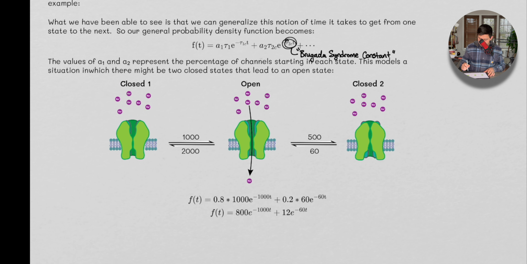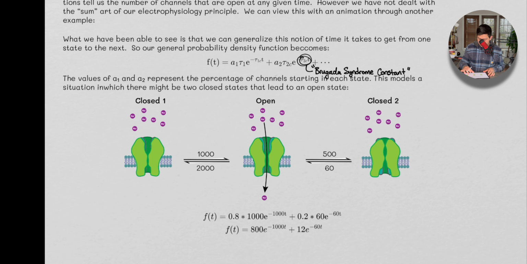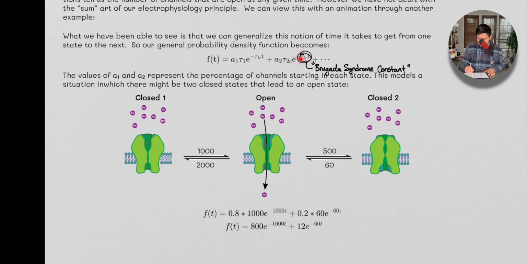The idea here, again, being that we can actually assign constants now to tell us how we can get from closed state 1 to open state. We can also get from a second closed state to an open state, and we can go the other way, right? We can go from open to this closed, or we can go from open to this closed.